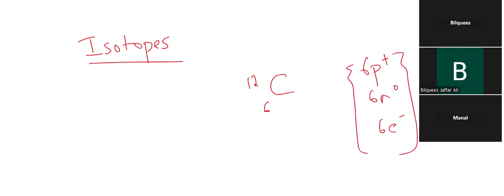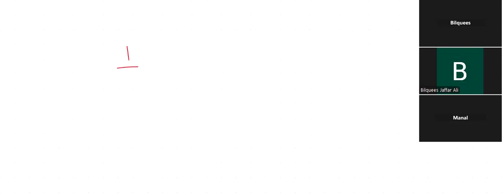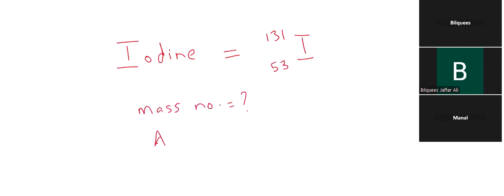Okay, so let's say I have this element, iodine. Iodine is represented by I. Find its mass number, atomic number, and neutron number.